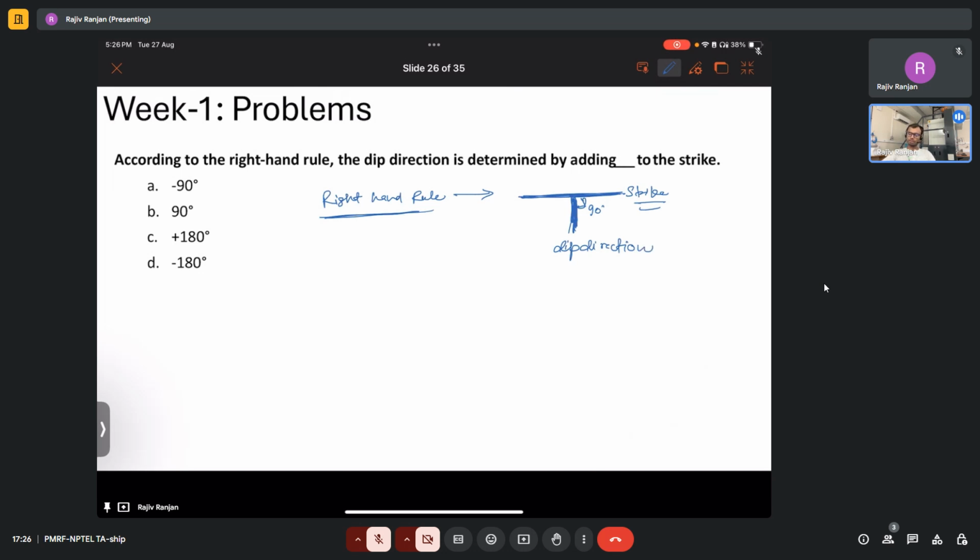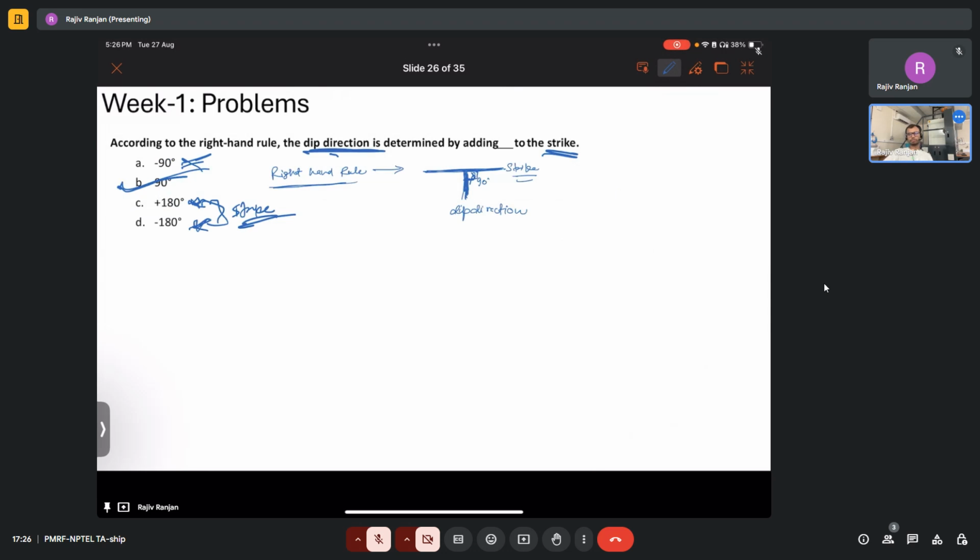So what is the question? We have to determine the dip direction. Strike is given, so from strike we simply add 90 degrees and we get the dip direction. So option B is correct. If you subtract it, it will not be the right answer. 180 degrees is completely wrong, and 90 minus 180 degrees is also wrong, so both will give us the strike only. Right?